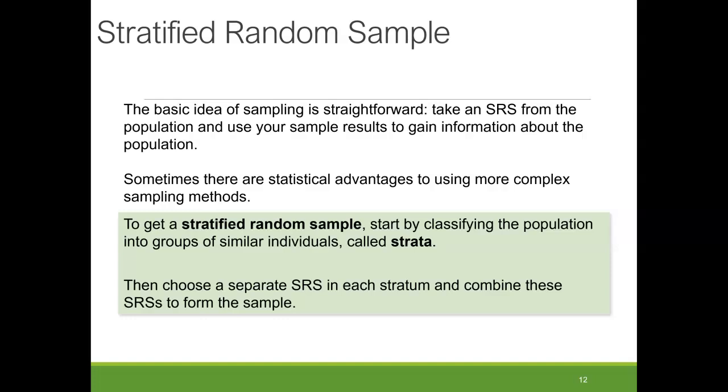Does that make sense? So maybe you want 45% to come from this, 47% to come from here, and everybody else comes from there, so that when you look at your sample, it matches that demographic in particular for the whole population.